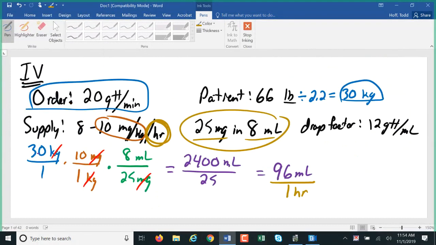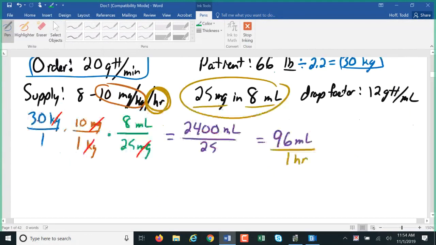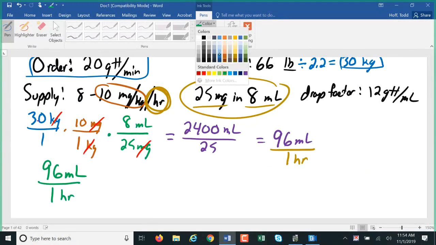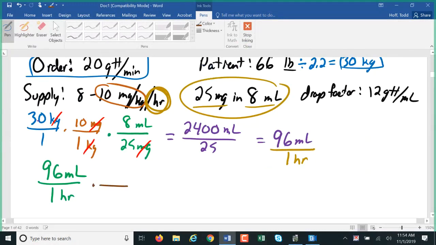So once we attach the 1 hour time frame to our 96 milliliters, now we'll do our drop factor. I want to move down a step here because we're getting a little crowded. 96 milliliters per 1 hour. We have our drop factor, 12 drops per 1 milliliter.